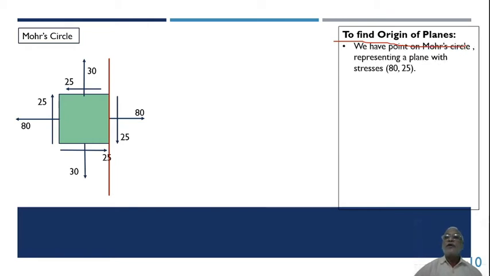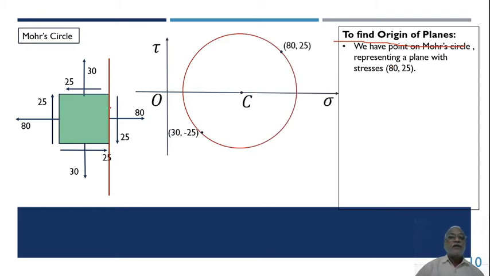Okay, now we have a point on Mohr circle representing a plane with stress 80-25, obviously, right? I have drawn the Mohr circle. 80-25, it's already there, need not be worried.